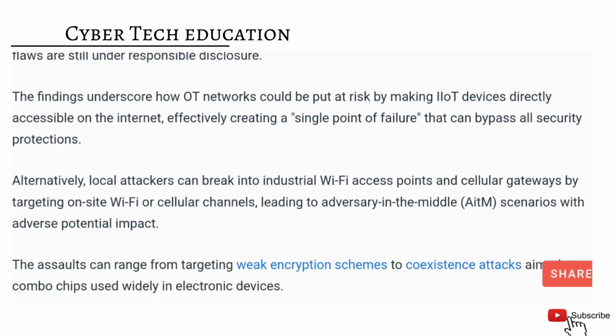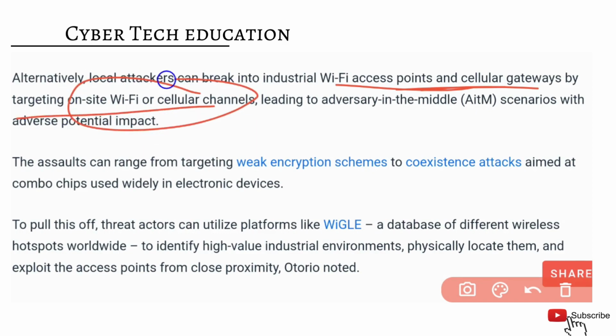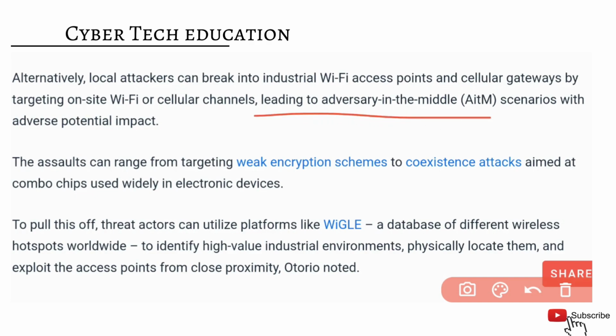Alternatively, local attackers can break into an industrial Wi-Fi access point or cellular gateway by targeting the on-site Wi-Fi or cellular channels, which leads to an adversary-in-the-middle, AitM, scenario, and impacts protection.